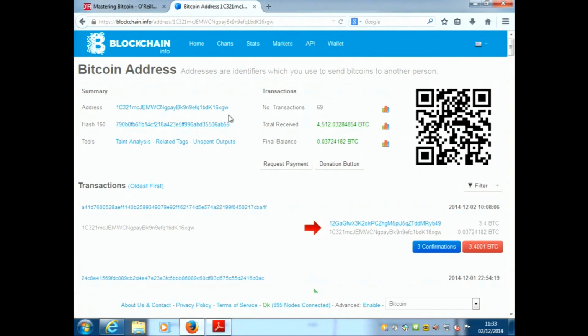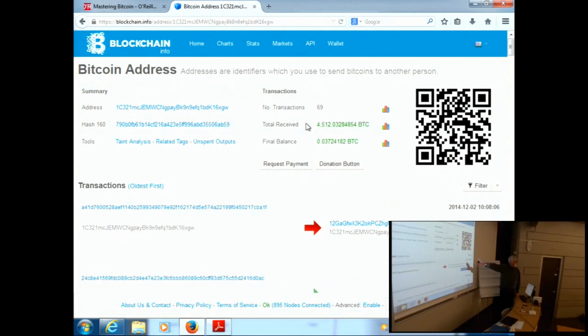It says it's received a total of 4,512 Bitcoins. And it quotes a balance in there, but you can't really believe that. But the idea is that you can track back all of the different places that have sent Bitcoins to this address, and then back another level and back another level, all the way back to the origin of that set of Bitcoins. So it's a public ledger that gives the complete history of all of these Bitcoins.